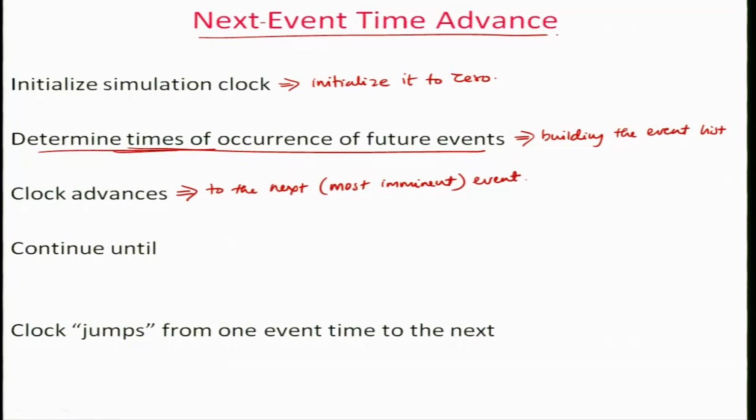Okay, that is to be executed. So, you advance the time to the next or the most imminent event to be executed, and this involves updating the event list. So, you remove it from the event list once it is executed, and then the next one comes up higher in the order, and then you continue.